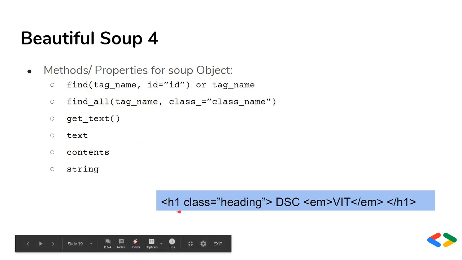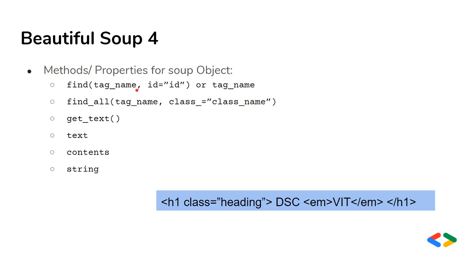What find will do is, you will see this is an HTML element written over here. For searching this, for getting this element, you can use find. The first argument in this method will be the tag name, and the second one is optional. You can write ID or class, so you can get elements based on ID or class as well, or if you're just looking for the tag name, you can replace this whole part with just the tag name.